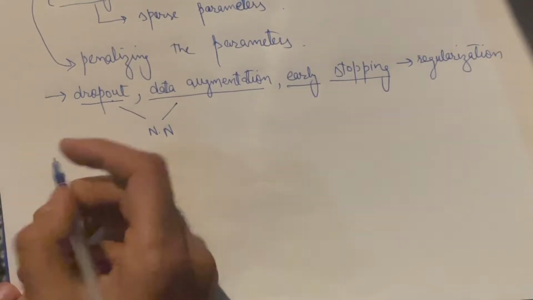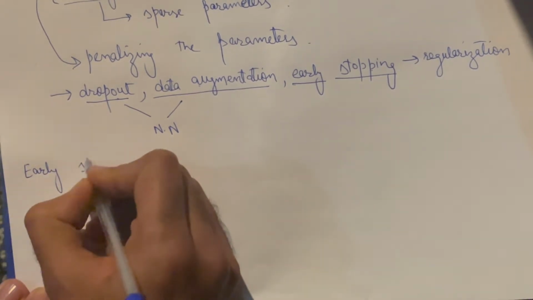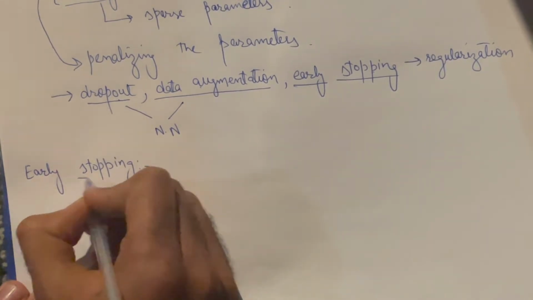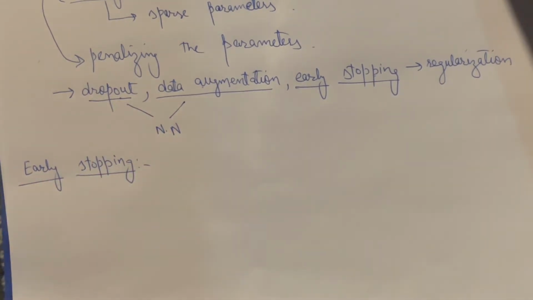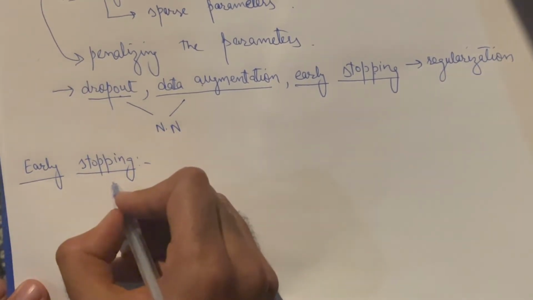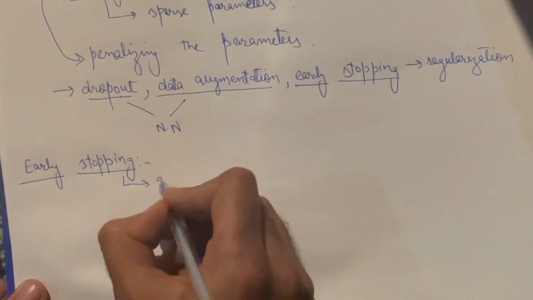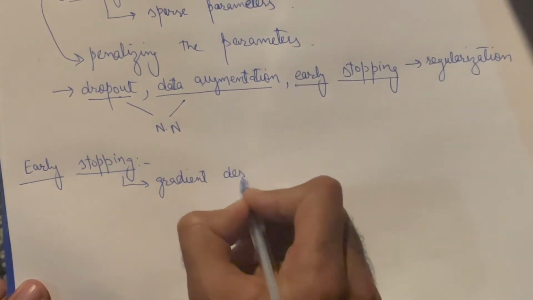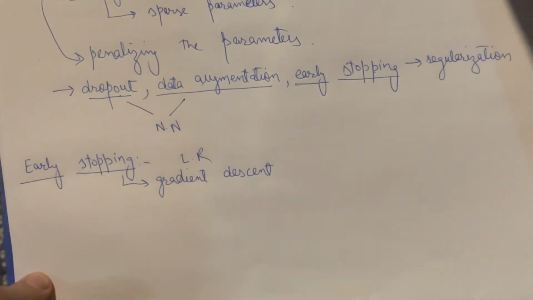What is early stopping? Early stopping is a method of regularizing gradient descent, or we can say a mechanism of regularizing linear regression. Here we don't add any cost function or anything.